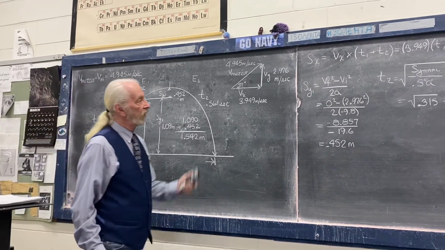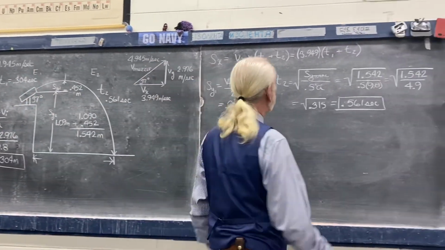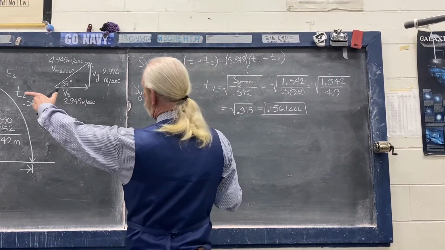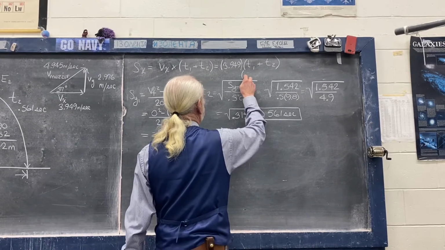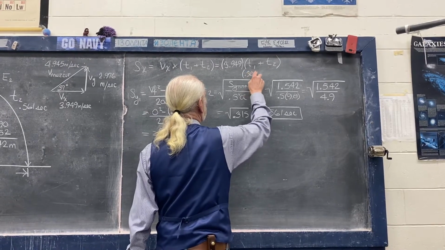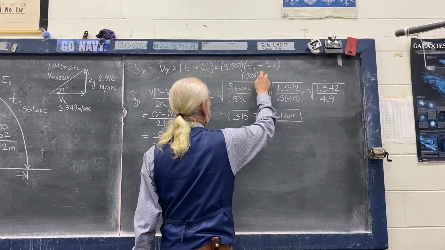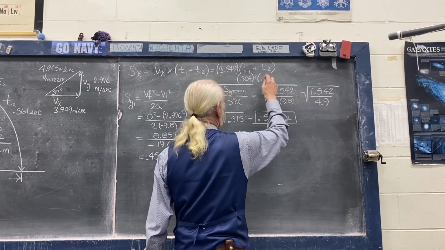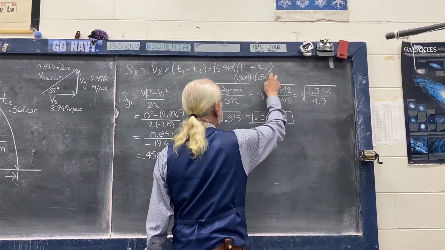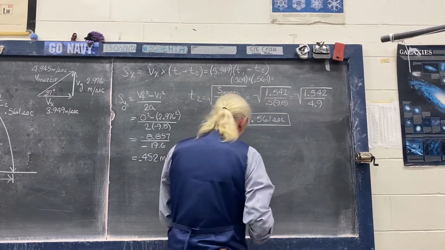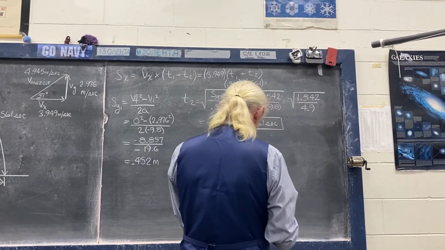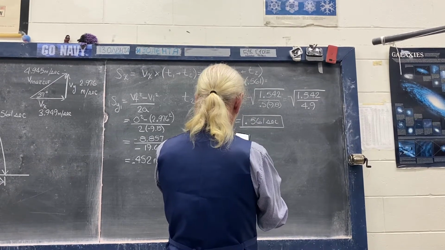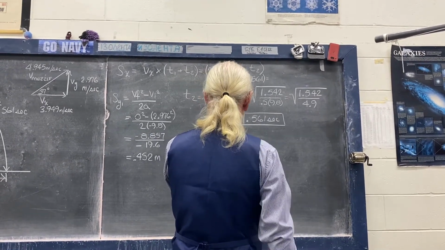So now we have T1 and T2. T1 is 0.304 plus T2 0.561 is 0.865.